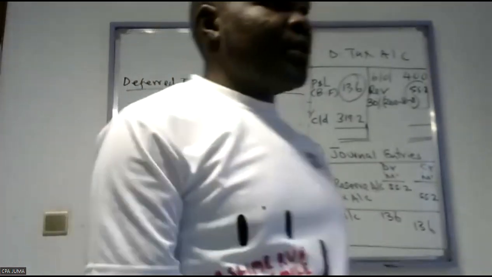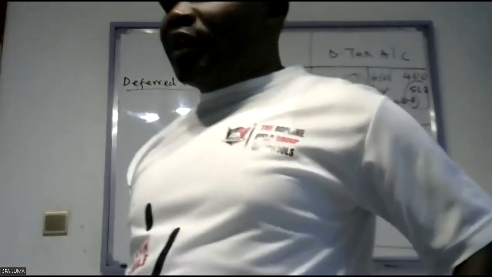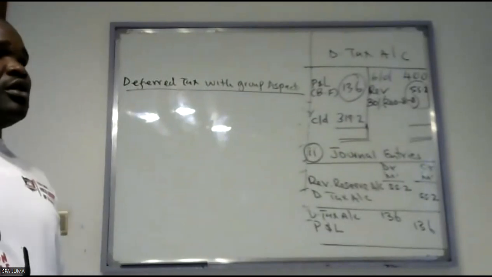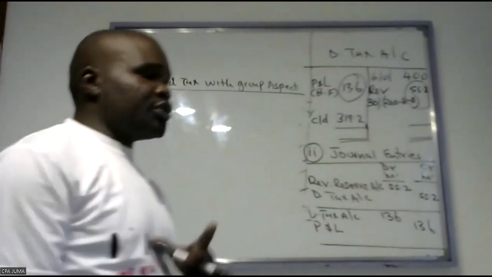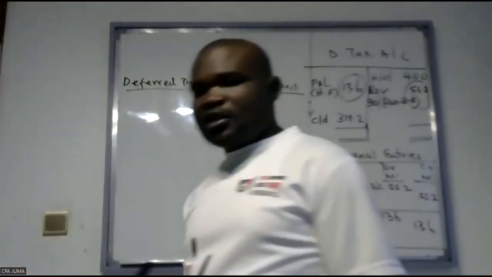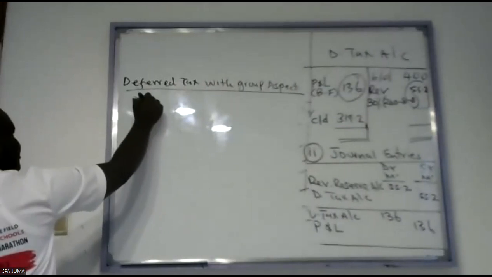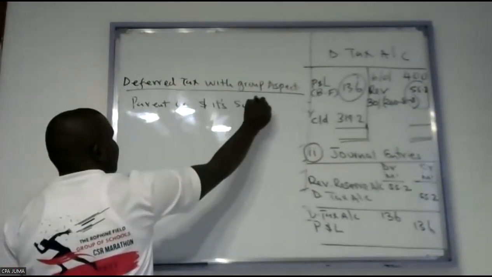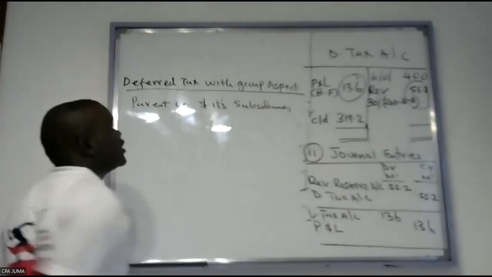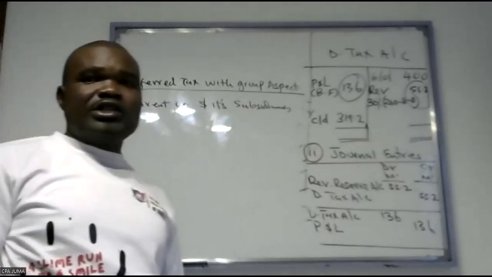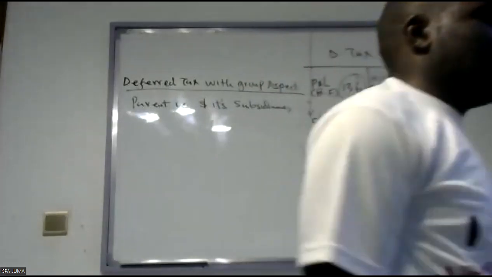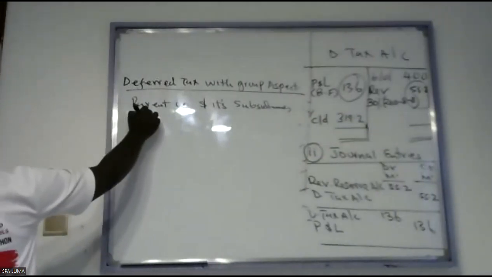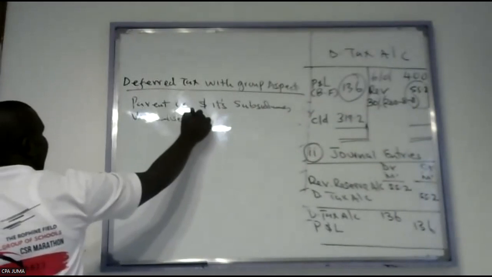So right there, I'm saying this involves computation of deferred tax for parent company and its subsidiaries, taking into consideration the unrealized profits.